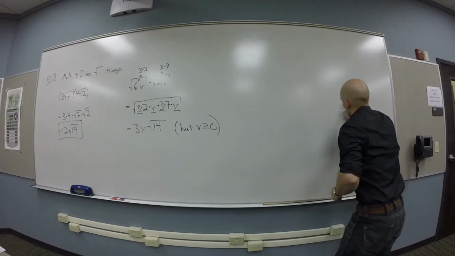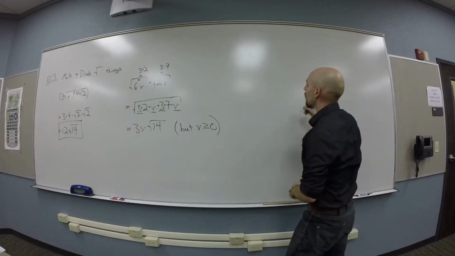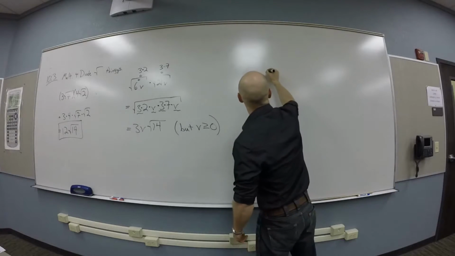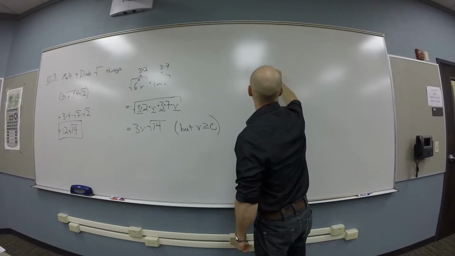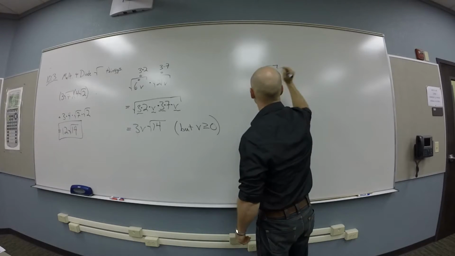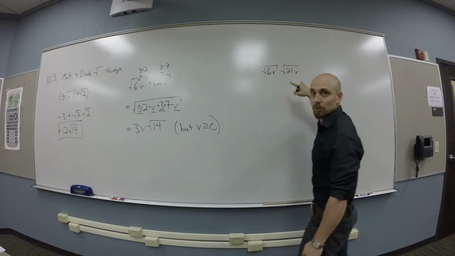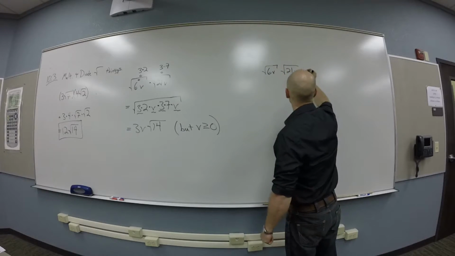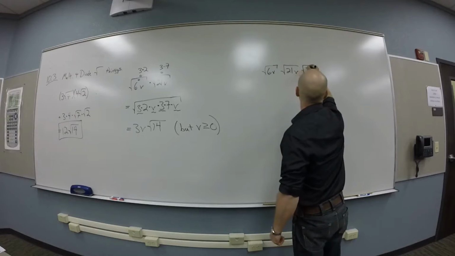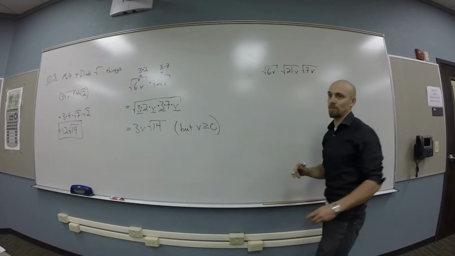Would it follow this cube? Okay, so let's say we had the square root of 6v, the square root of 21v, the two things we just did, and also a square root of 7v.